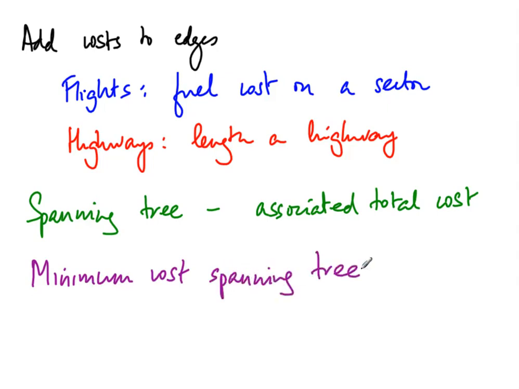So Drongo Airlines would like to retain those flights which connect all the cities such that the fuel cost to operate these flights is minimized. So this involves constructing a minimum cost spanning tree over the existing network. Similarly, the government would like to upgrade highways between the major towns so that you have 8-lane highways connecting all the cities, but the cost of achieving this is minimized, and therefore they would look for the shortest total length of all these connecting highways.